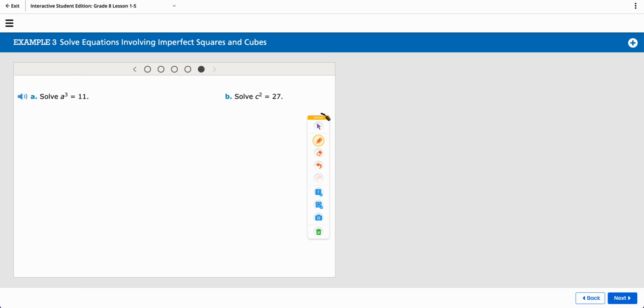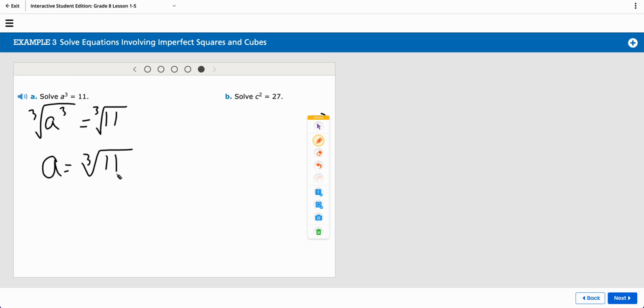So here's a couple of examples. We've got a cubed equals 11. So I'm going to take the cube root of both sides, which means that a equals the cube root of 11. It doesn't get any easier than that, guys.